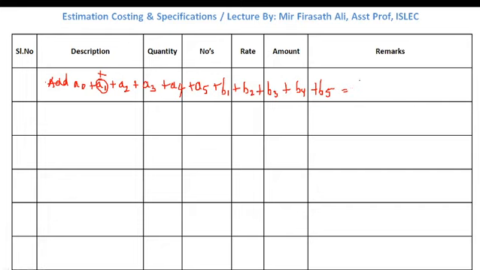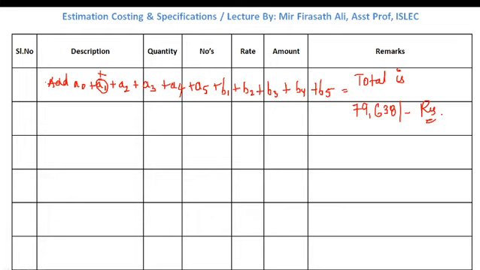So the total, if we add all this, is 79,638 rupees.